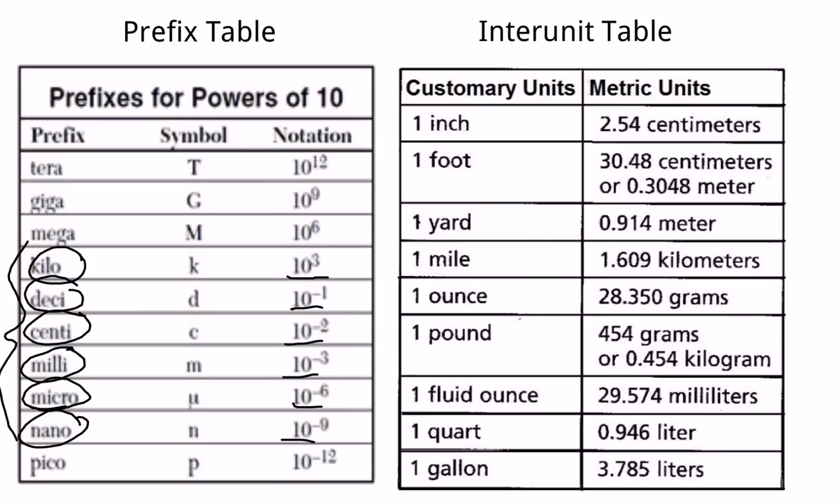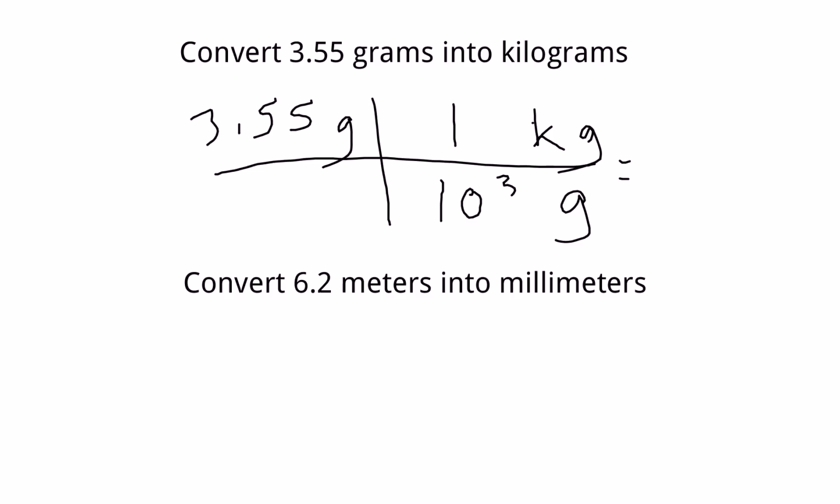And if I go back to that table right here, the kilo, 10 to the 3. And that's exactly what's appearing down here, 10 to the 3. Now keep in mind, if I write 1 over 10 to the third, that's the same as saying 10 to the minus third.